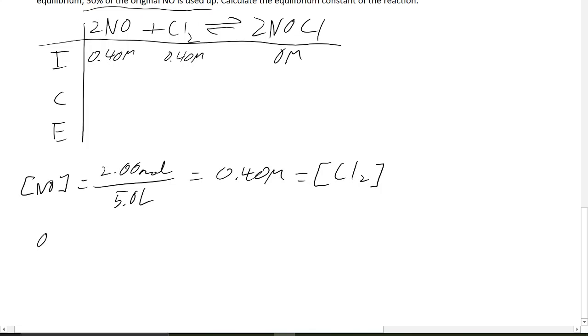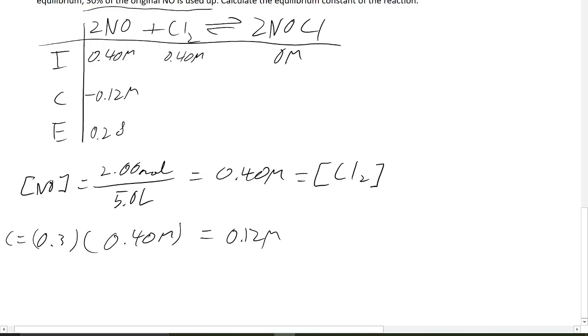So 30% is the same as 0.3 times the original NO concentration, 0.40 molar, which equals 0.12 molar. And it is used up, so you subtract 0.12 molar. From this we can find the equilibrium concentration, and it's 0.28 molar.